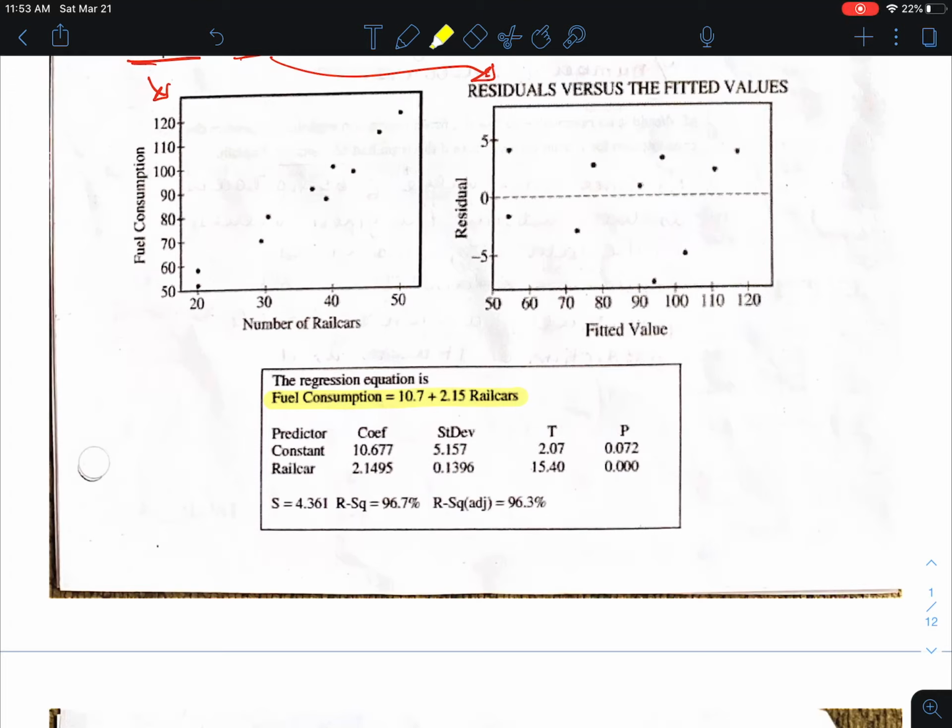The rail car is your X variable, and right underneath here, that's your slope. And then right across from the constant, which is this part, that is the y-intercept. Okay, so we'll come back and take a look at that.